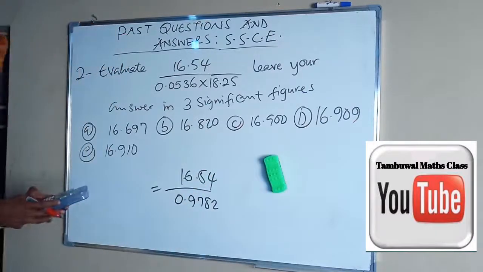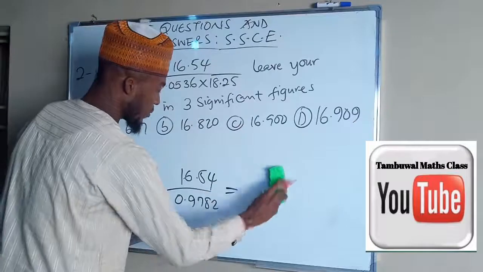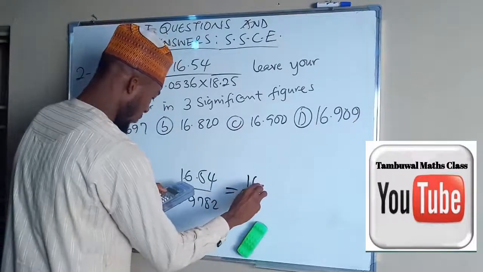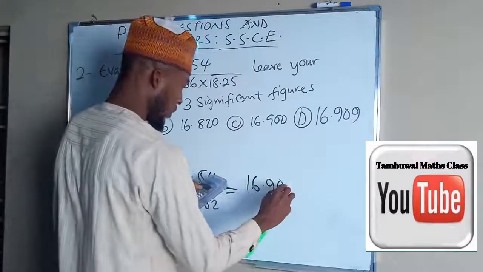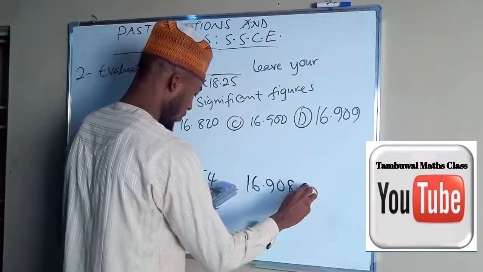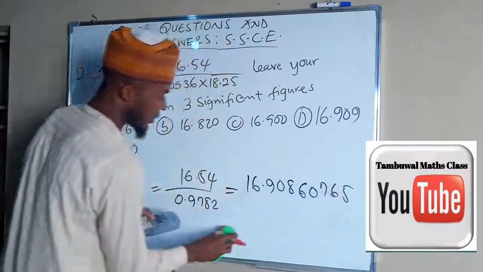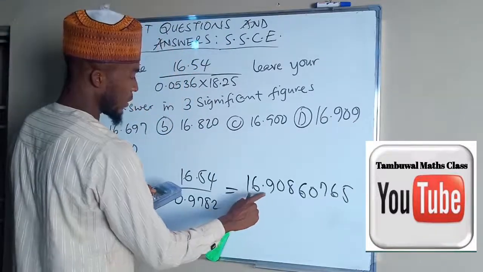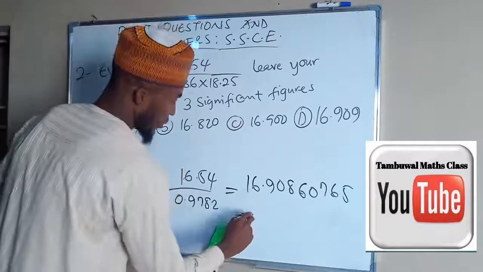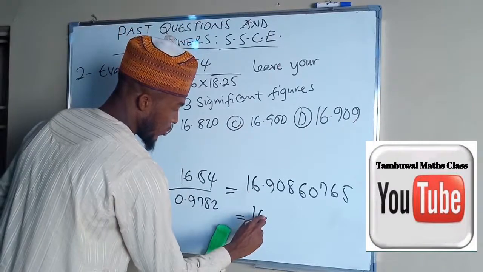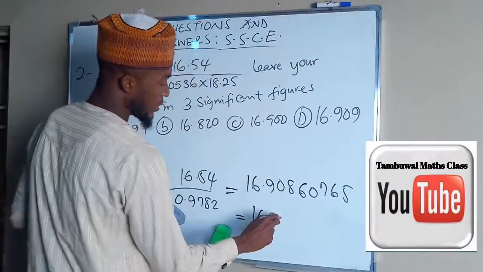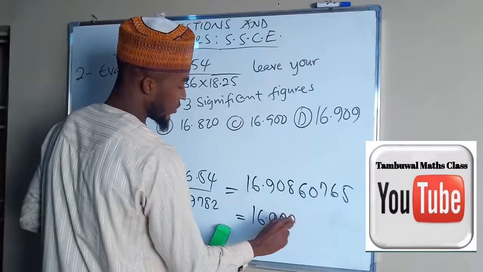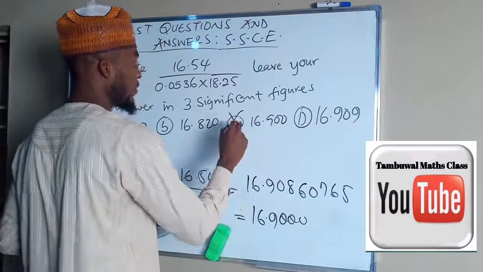Then we simplify this as 16.54 divided by this, and we end up having 16.9086075. And this will give us, in 3 significant figures, 1, 2, 3, so we have 16.9. We can set the remaining numbers to be equal to 0, 0, 0. And this is the right option.